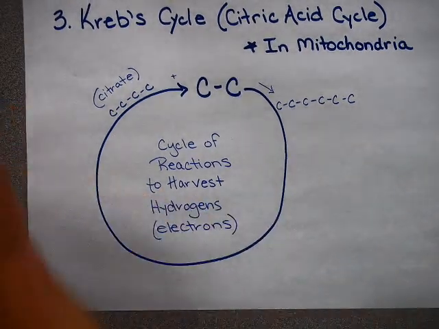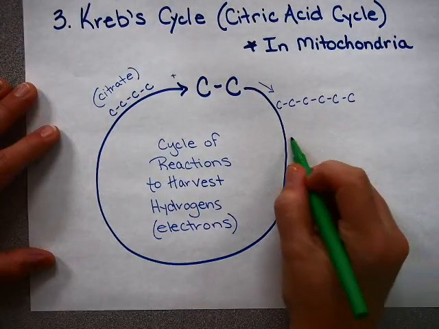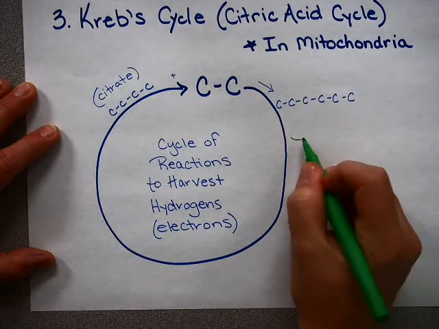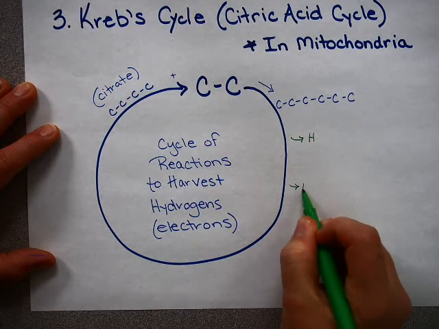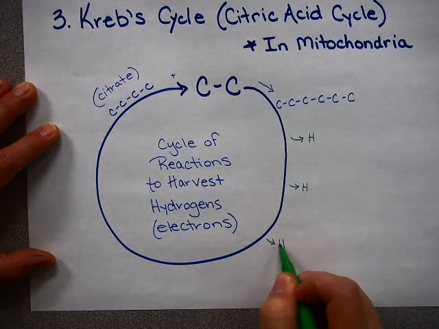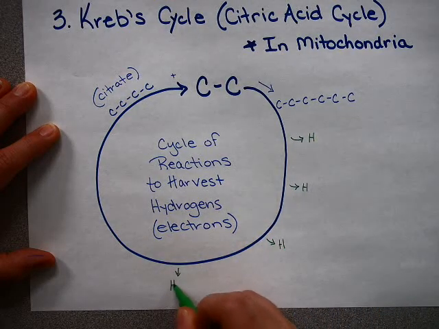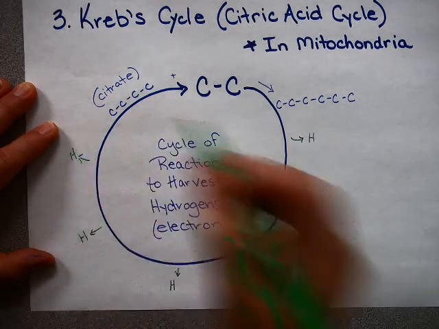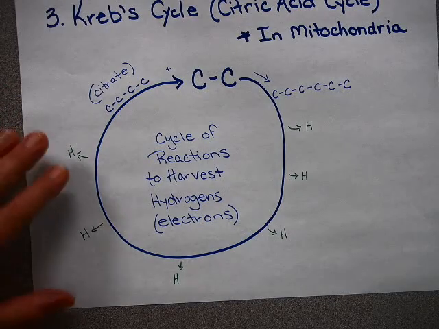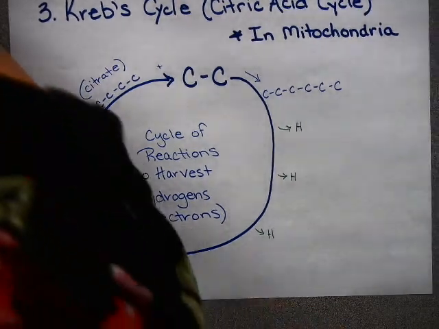But the main idea is that as we take this and we rearrange this, H's come off here. So I'll put some H's coming off. Electrons, H's. And who's going to want to grab them? NAD.